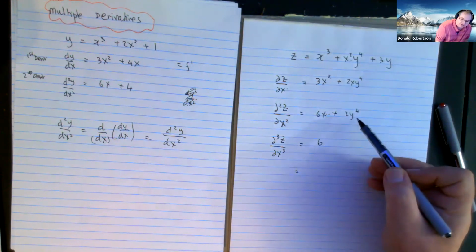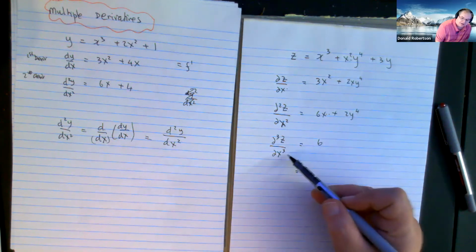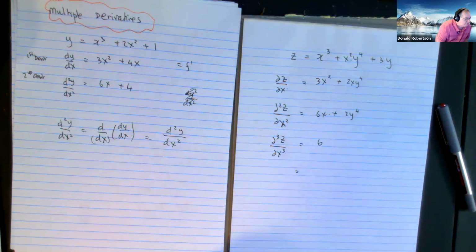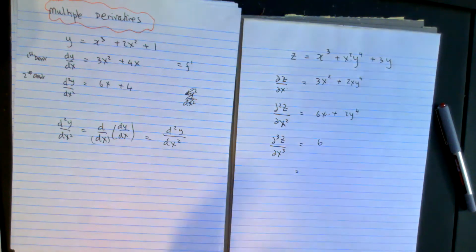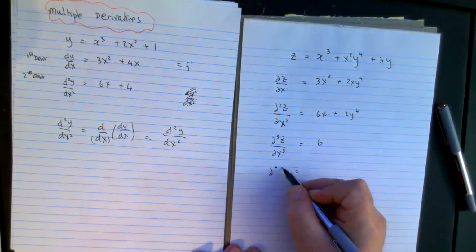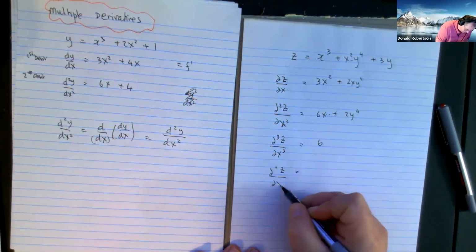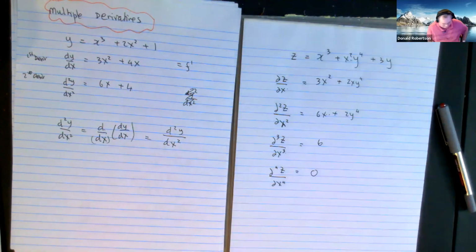If you differentiate 2y to the 4 with respect to x, what would you get out of that? 0. 0, right? And just because I want to, can you see in this case then, after the fourth derivative, wouldn't all the answers be 0, right? But, you know, that's just a particular situation.